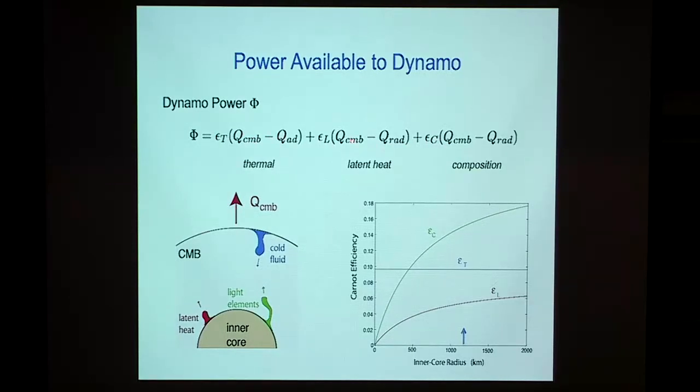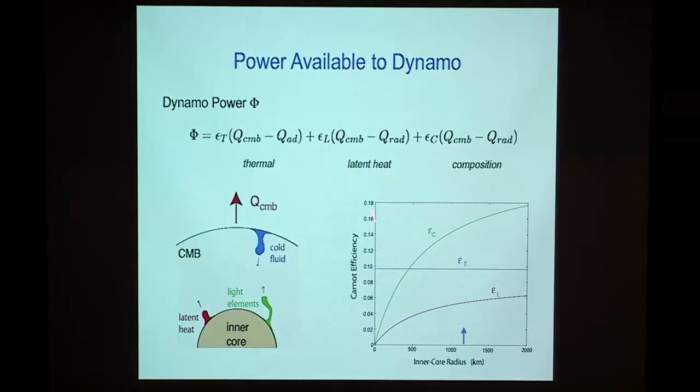Latent heat depends on the CMB heat flux minus any radiogenic heat production. And the reason for that is that it's only the cooling of the core that will contribute to growth of the inner core and compositional buoyancy. And so if all the heat that I'm taking out is produced by radioactive decay, then the core won't cool. So it's only the excess. So this may be zero, but it's there if it turned out to be non-zero.